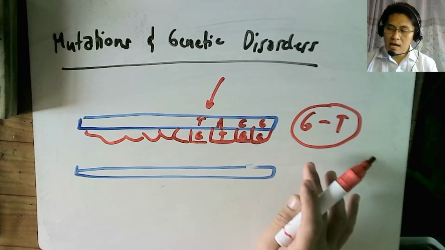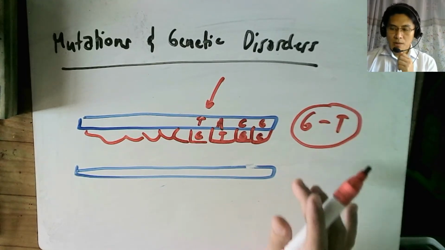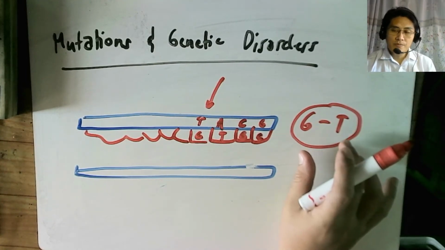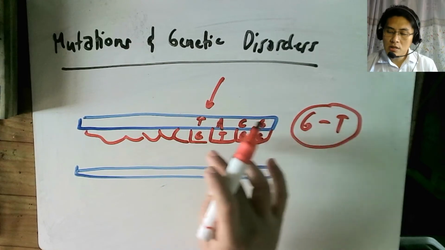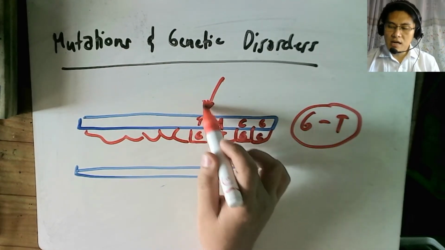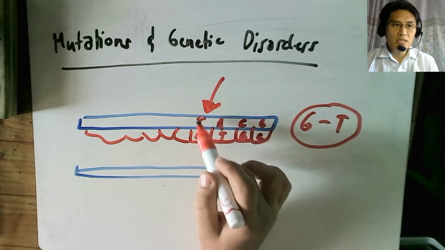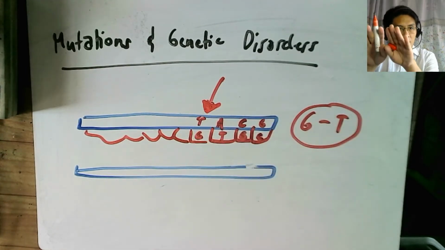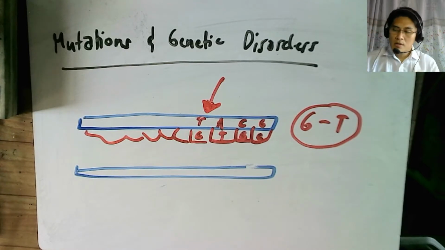Yes, but again, you could force the issue. When you force G to bond with T, this area of the DNA will not be smooth because there will be some misalignment, and so on and so forth.